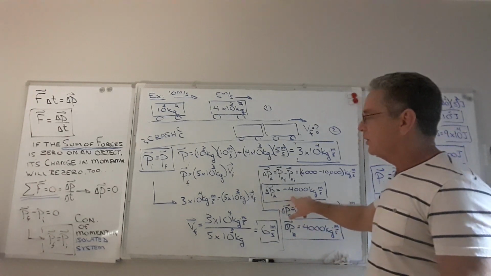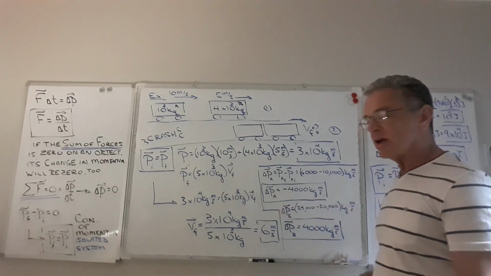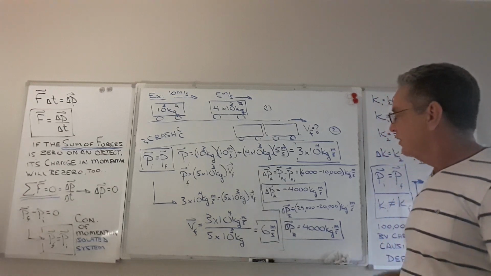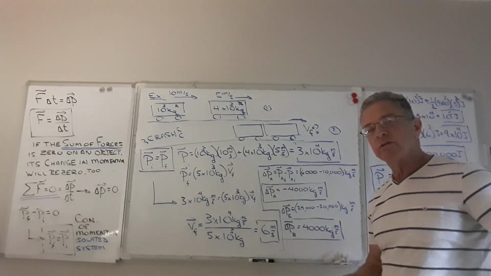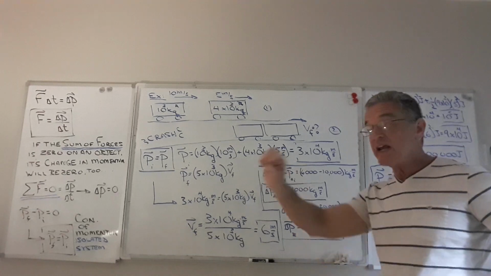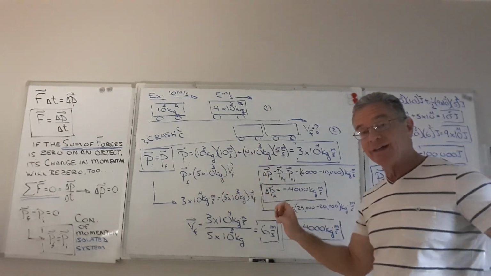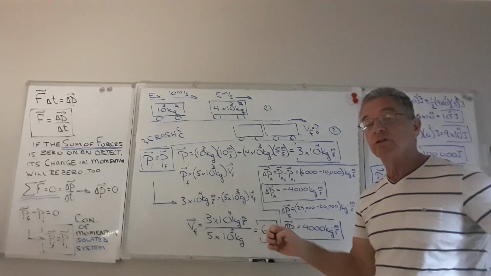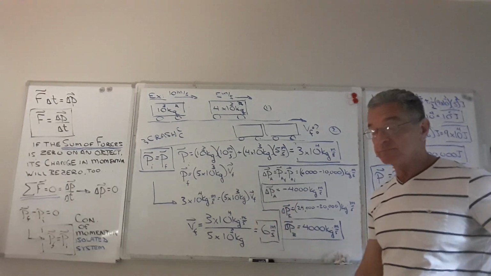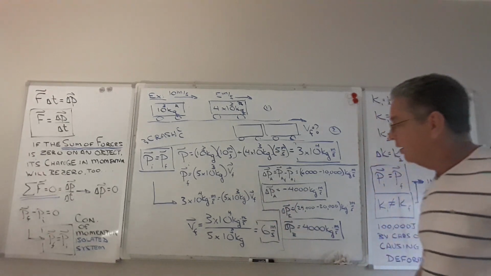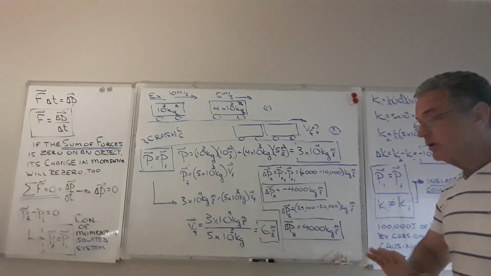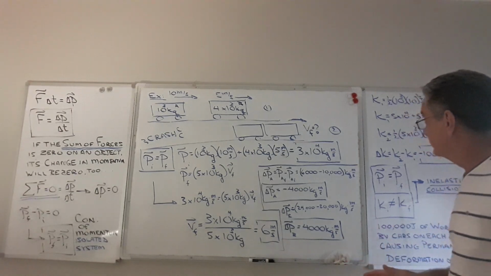The change in momentum of the less massive car is negative 4,000 kilograms meters per second. So basically what happened during this collision is that momentum drained from one object into the other, but none of it was lost if you consider both cars together. So momentum was transferred, but not lost during the collision.